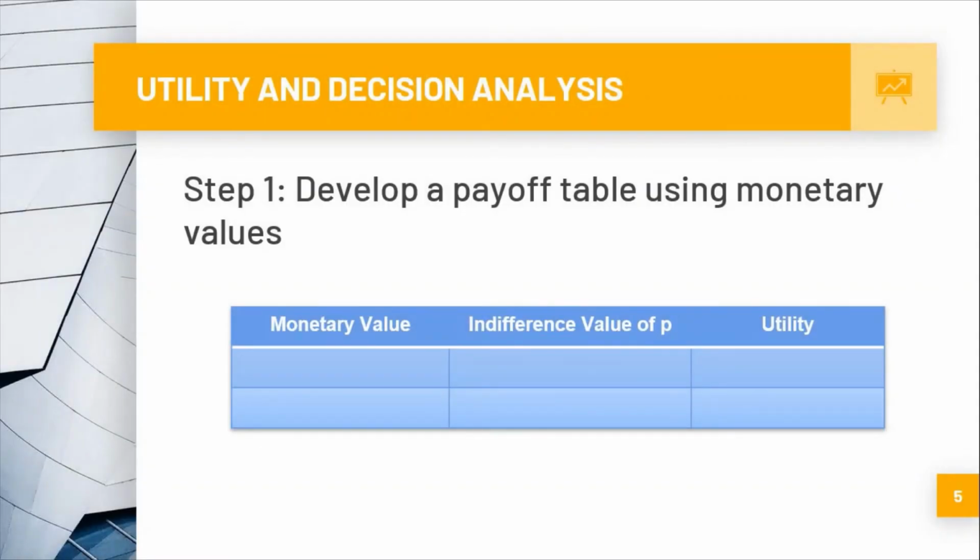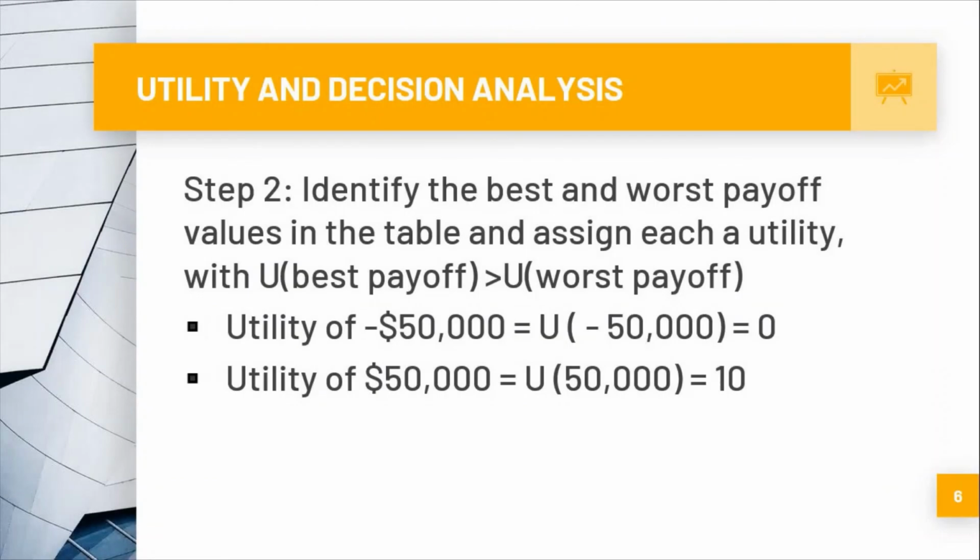First step is to develop a table using monetary values. Step 2. Identify the best and worst payoff values in the table and assign each a utility, U(best payoff) and U(worst payoff).